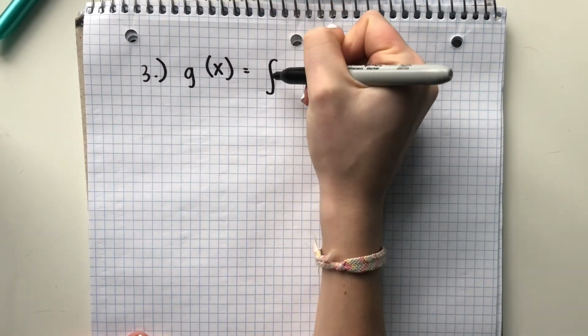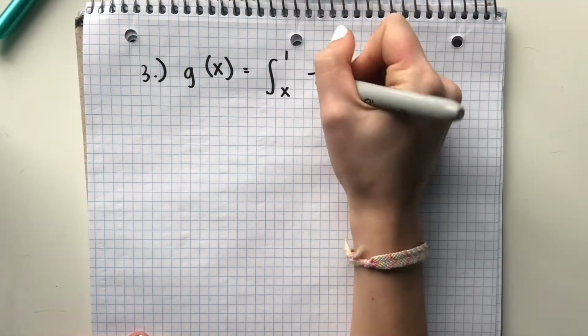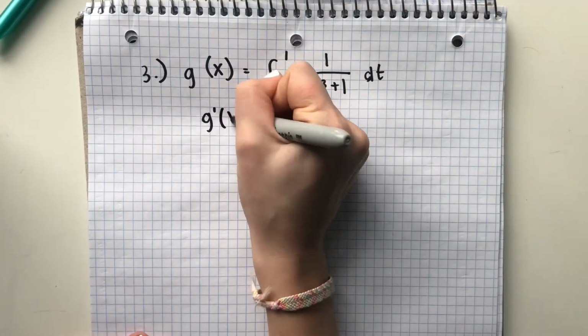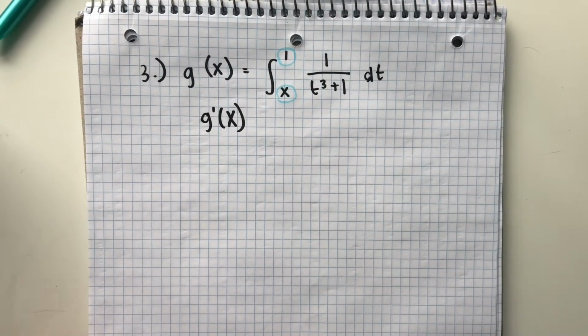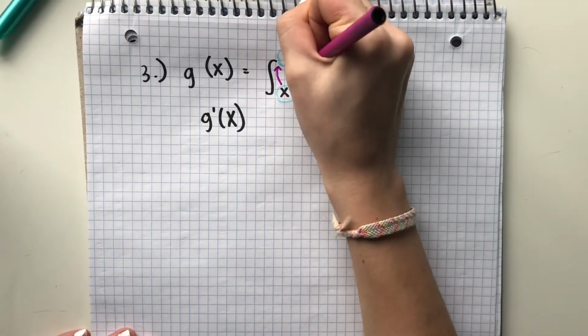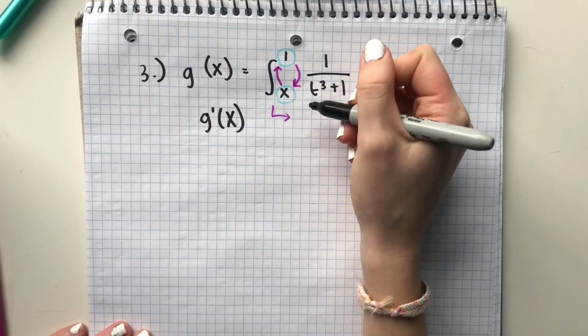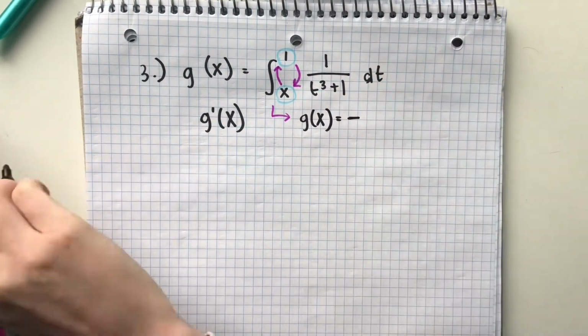We have g of x equals the definite integral from x to 1 of 1 over t cubed plus 1 dt. So what are we going to do? First thing, we're going to do a little switcheroo of the top and the bottom. Bring the x to the top, bring the 1 to the bottom. And right after we do that, we have to make it negative.